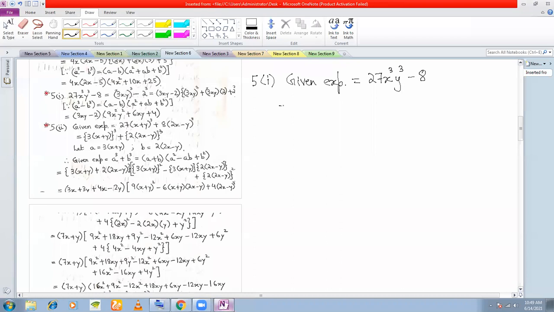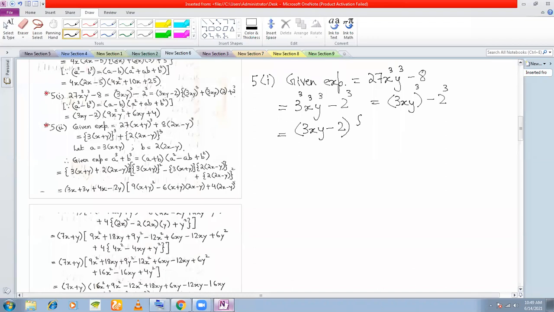Okay. So if you see this, there are two terms, these terms are perfect cube, because 27 can be written as 3 cube x cube y cube minus 2 cube, which can now be written as 3xy whole cube minus 2 cube. Again, this is a cube minus b cube form. So this is a minus b, a is 3xy, b is 2.